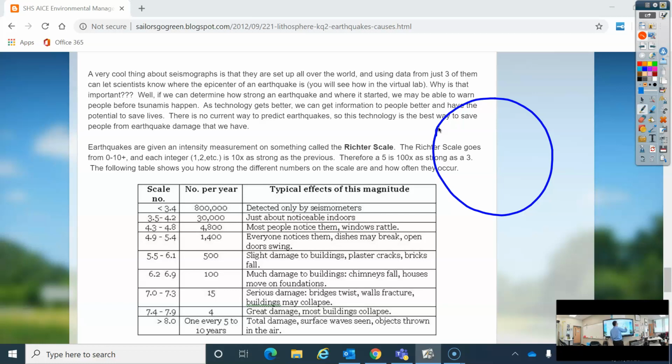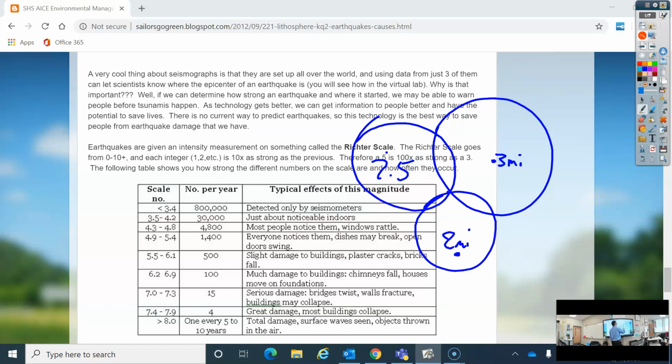So we know how far from that station the epicenter is. We know that the epicenter from this station is 3 miles away, right? It can be 3 miles in any direction. But we know from this station it's 2 miles away, and from this station right here it's 2.5 miles away.